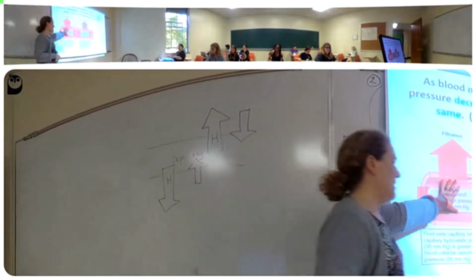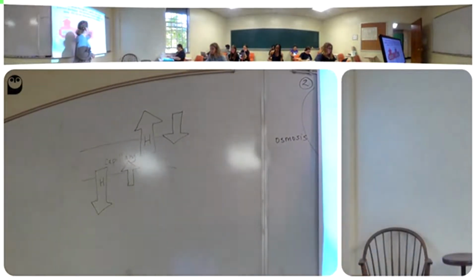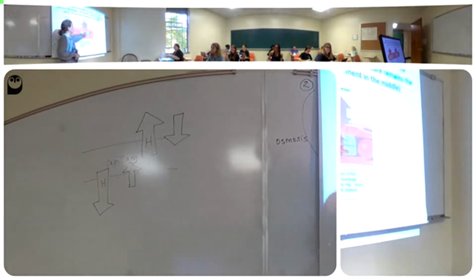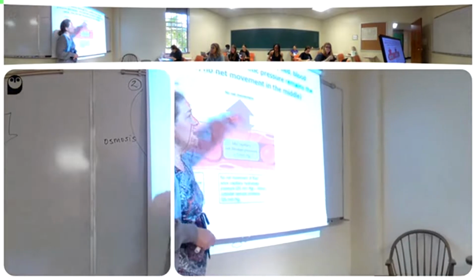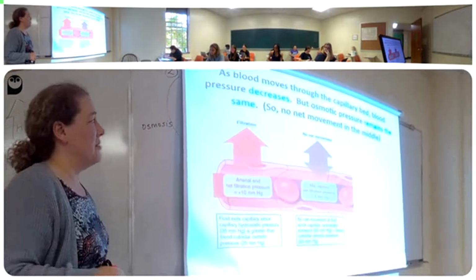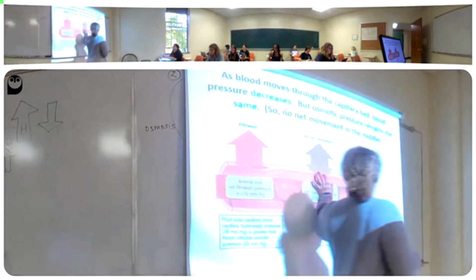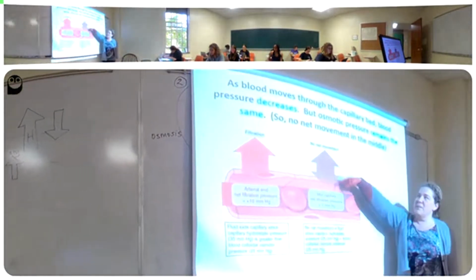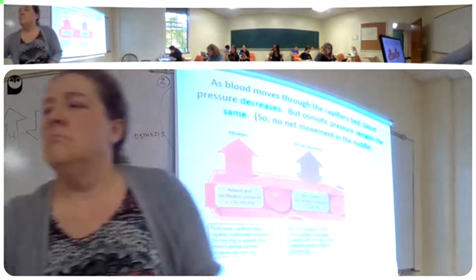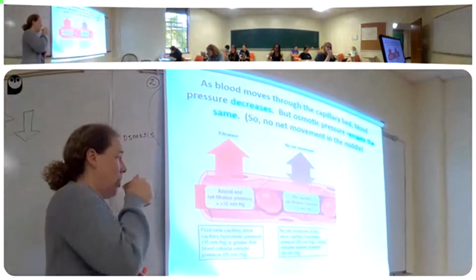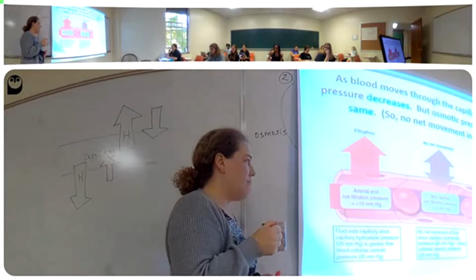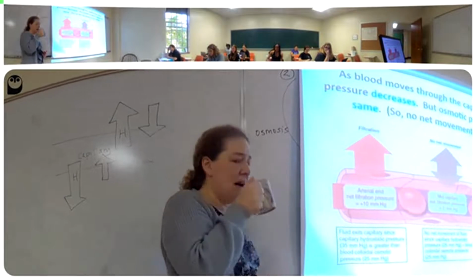As the blood keeps moving through the capillary bed, in the middle of the capillary there will be some outward and some inward coming from osmotic pressure. But in the middle of the capillary, those pressures balance out.